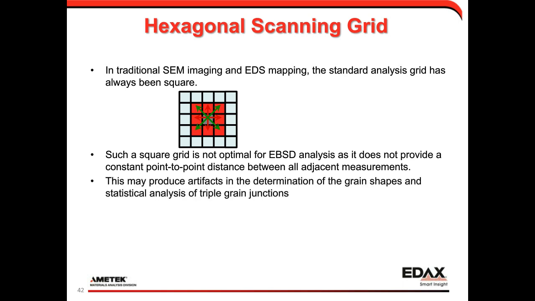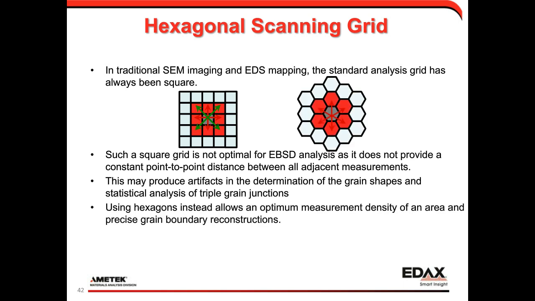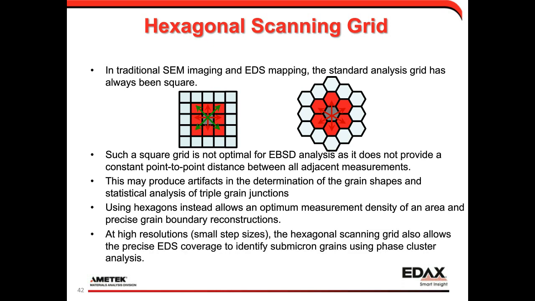And those artifacts, especially looking at grain shapes and statistical analysis, are big. And the whole thing here is that the hex grid is equidistant all the time between neighboring pixels. So here I have 6 neighboring pixels, and between each pixel, I have equidistant points. That's the key of the thing. And because of this, I can basically look at smaller things. So these are the advanced reasons of why we should use the hex grid system.